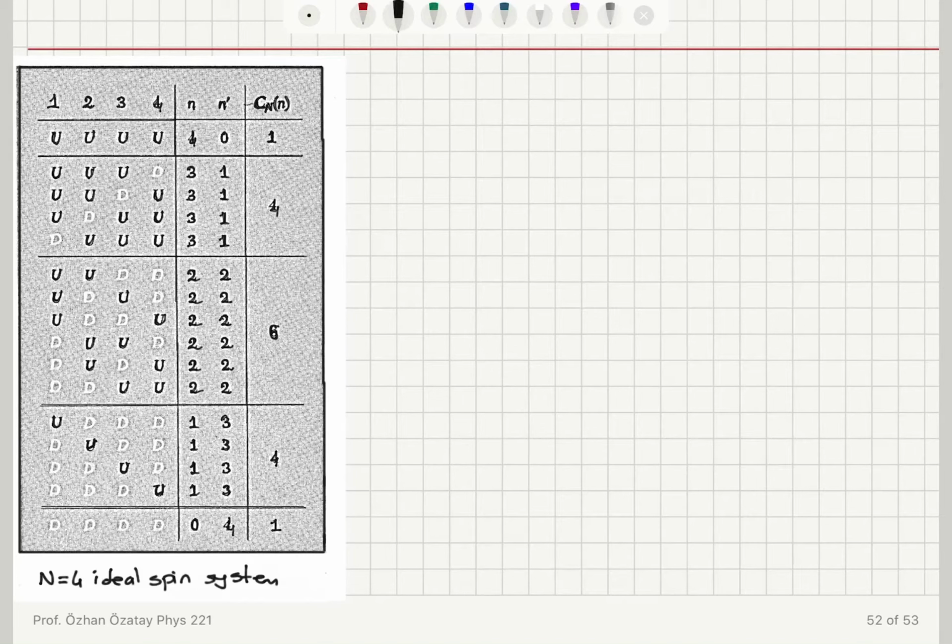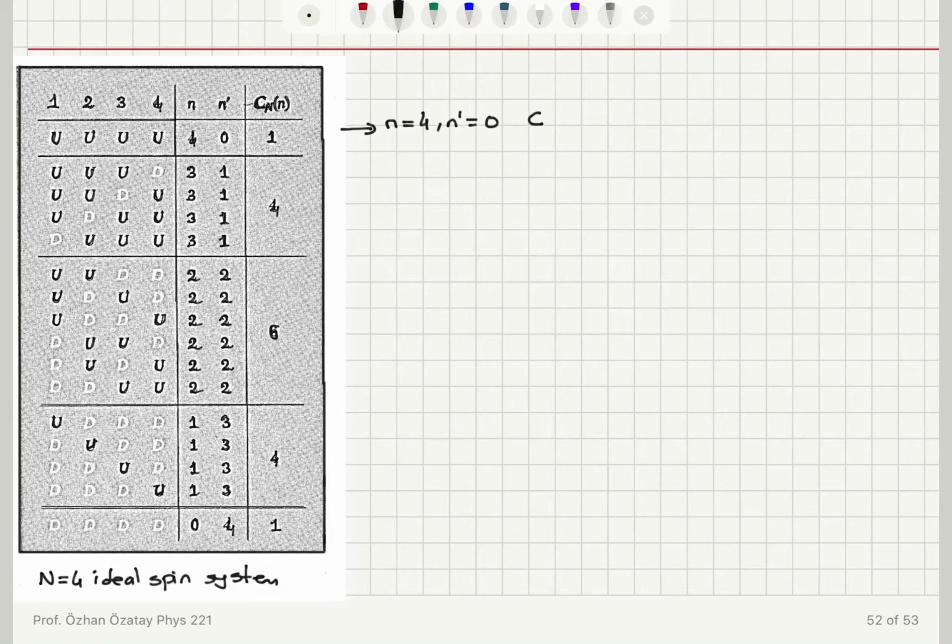The first possibility I have here is all of them are pointing up. So n is equal to 4, n prime is equal to 0. As you can see here, I have only one configuration that gives me this.